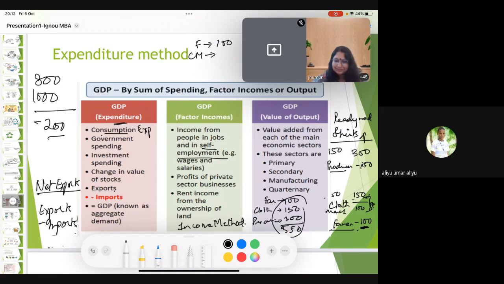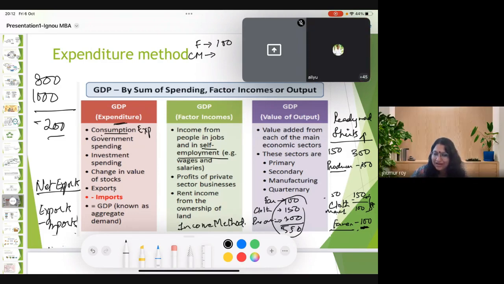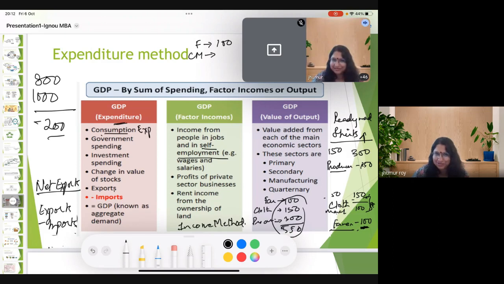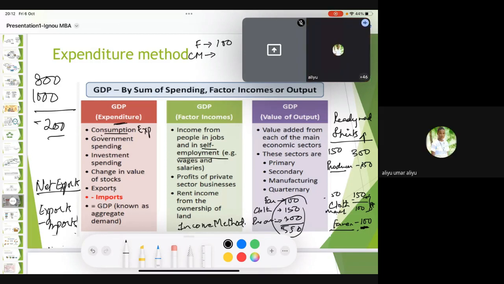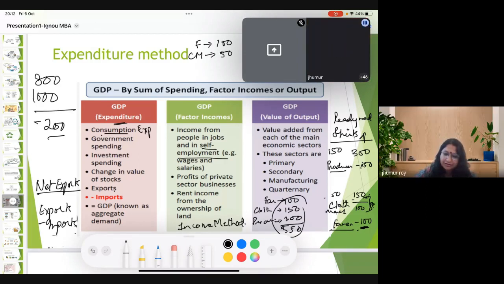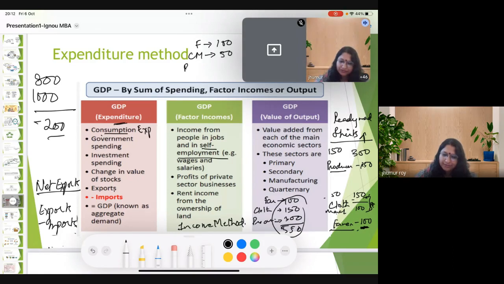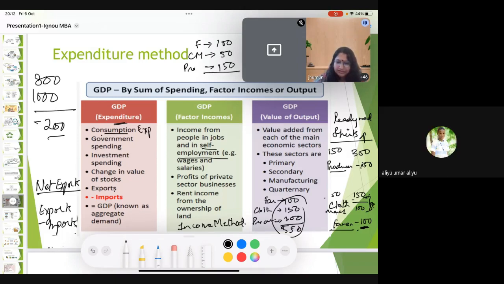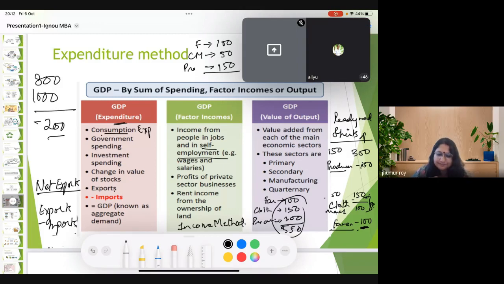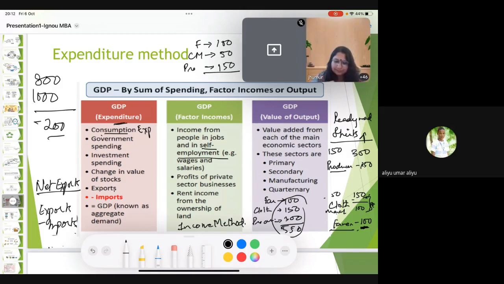Not 150, because out of that 100 we have already taken an estimation. So what is left? 50. And what did the producer of the ready-made garments make? 150 is already accounted for, so he made another 150. So what is the total national income here? 100 plus 50 plus 150 is 300.